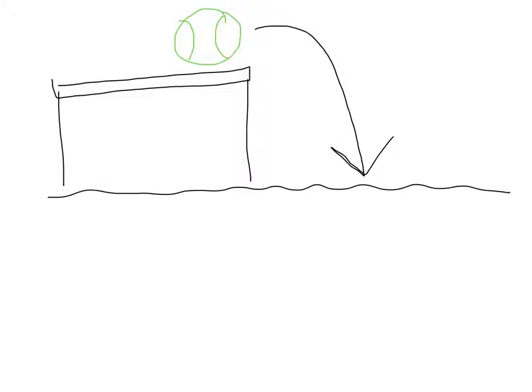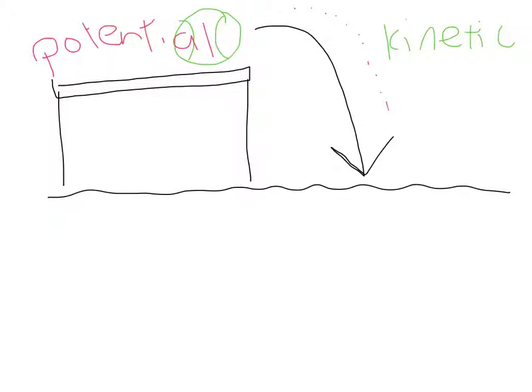When the tennis ball is on the table, it has potential energy because it has the ability to fall down, but it hasn't done it yet. When it is actually falling down, it has kinetic energy, because it is actually moving.